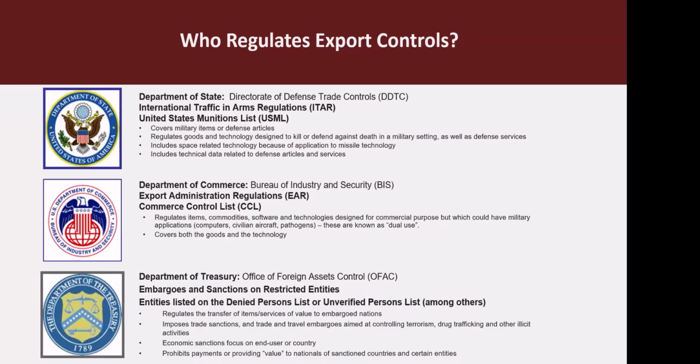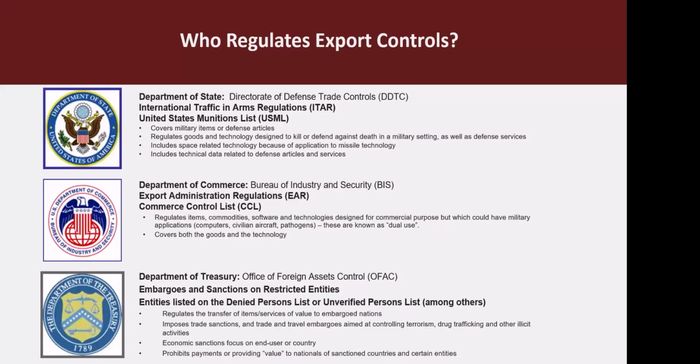They have multiple lists, and they basically regulate what kind of activities can occur with people and entities on these lists. So in some cases, nothing can be done. If you're on their list, then people in the US cannot do business with you. They impose trade sanctions and embargoes and economic sanctions.